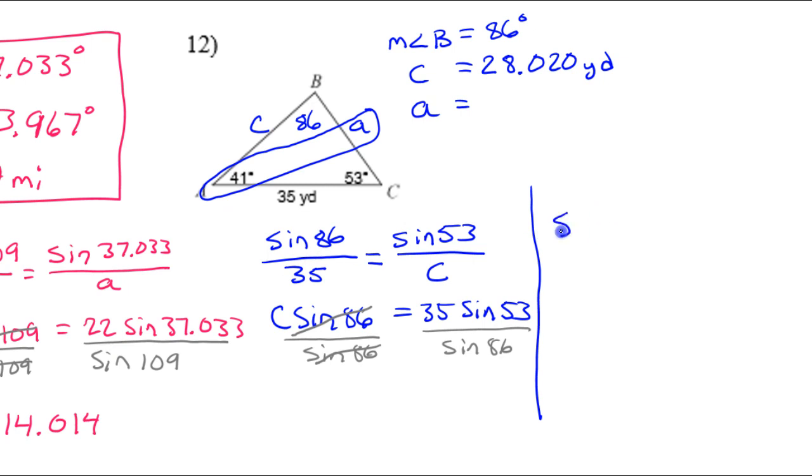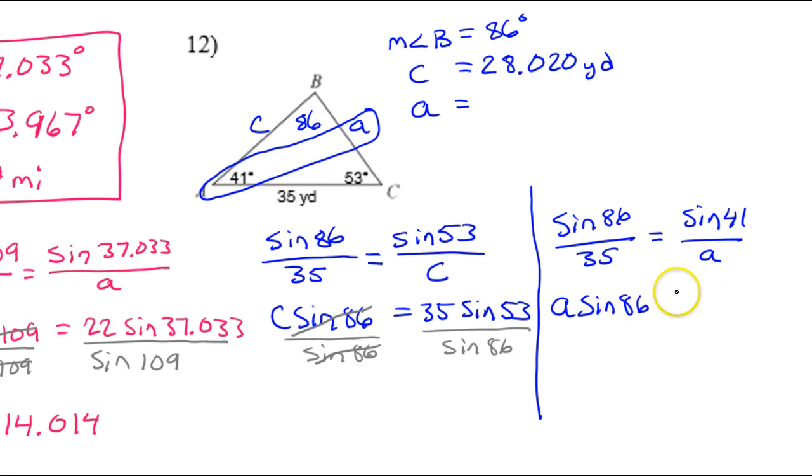So I will say sine 86 over 35 is equal to, but this time I'll do sine 41 over A. So I will cross multiply and I will get A sine 86 is equal to 35 sine 41.